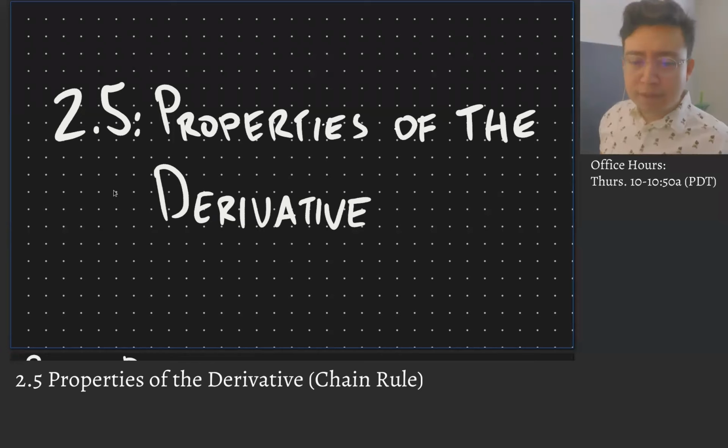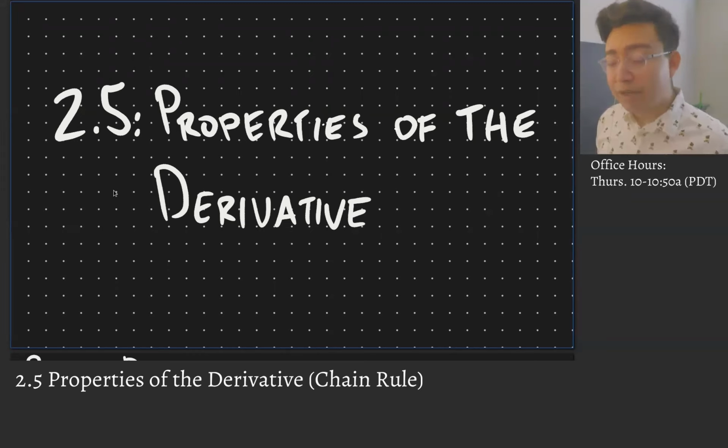Basically, when we start dealing with multivariable functions, we have a notion of partial derivatives, but we also have this thing called the total derivative, which is the matrix of partial derivatives.